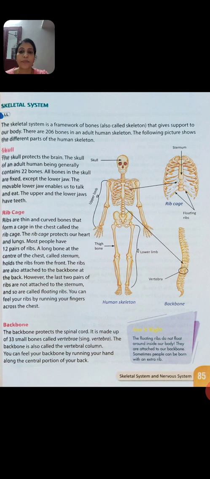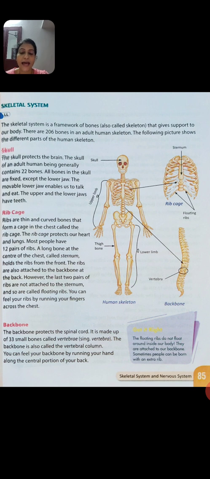Next, rib cage. Ribs are thin and curved bones that form a cage in the chest called the rib cage. The rib cage protects our heart and lungs.